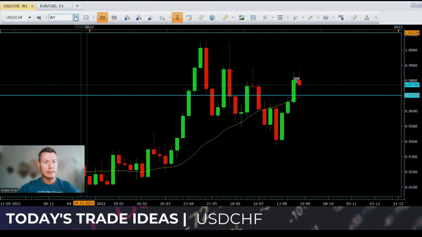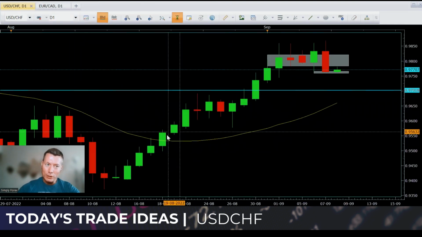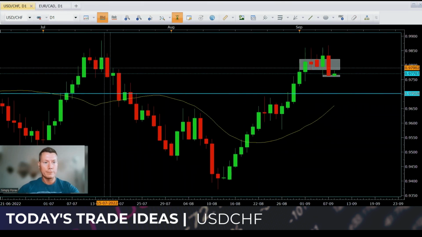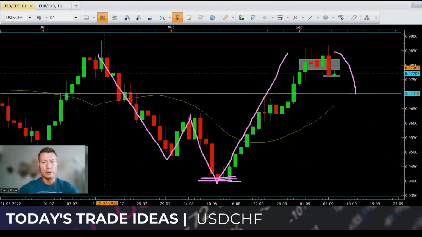And then the daily chart, I would argue, potentially isn't in a downtrend, because if you look at this, we had lower lows, lower highs, lower lows, but then price broke. But because we still have this lower low, I still think we can take price down to this blue line.